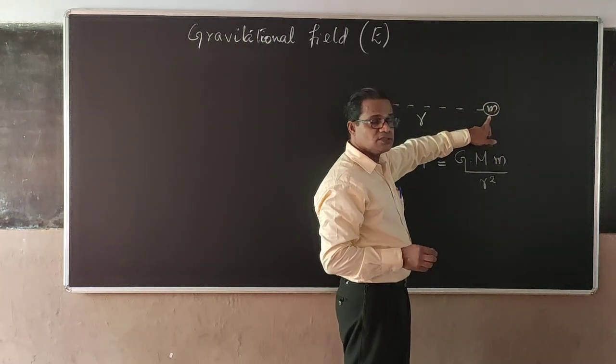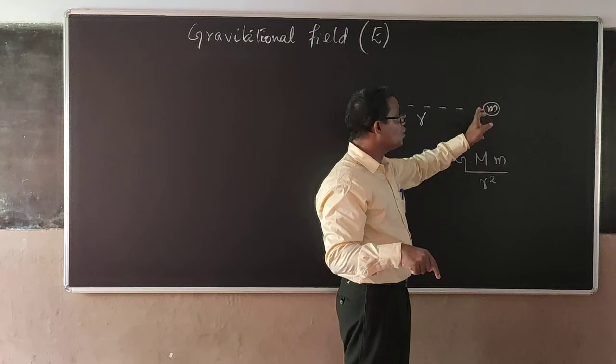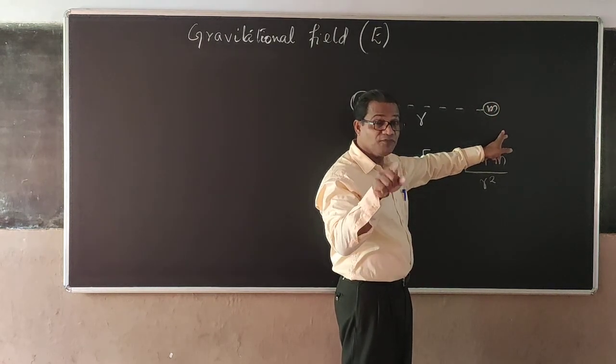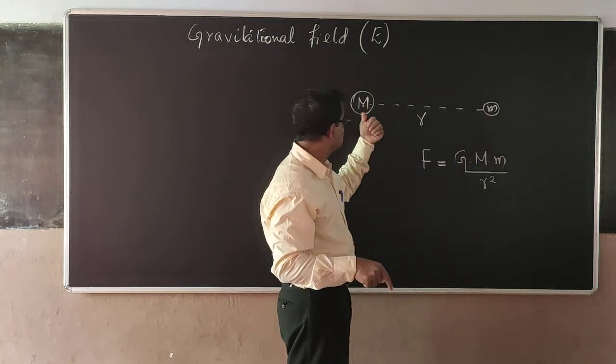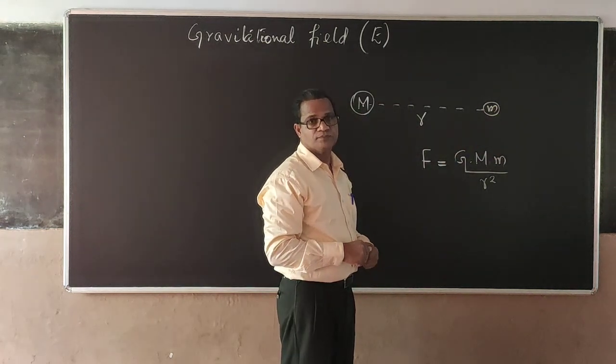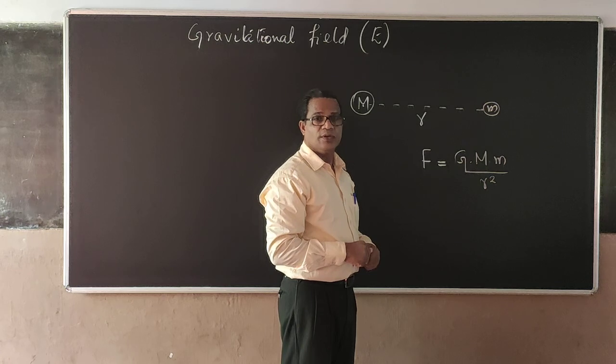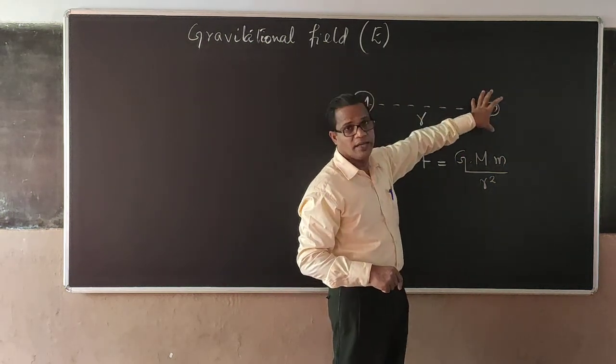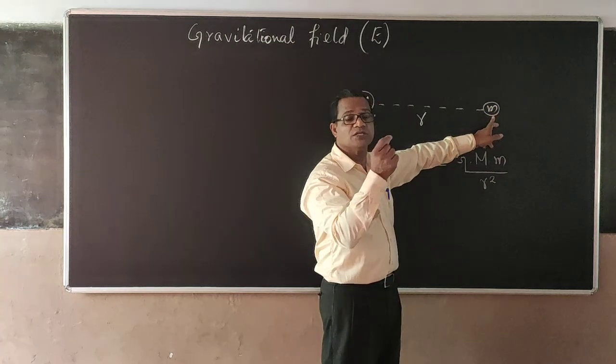That mass has its own gravitational field, but that field is not influencing this one. Okay? So at this particular point, the influence of this one alone is coming, but still I am keeping a small mass over there.